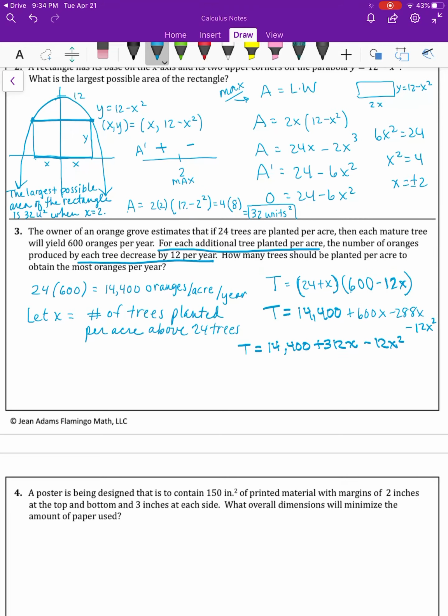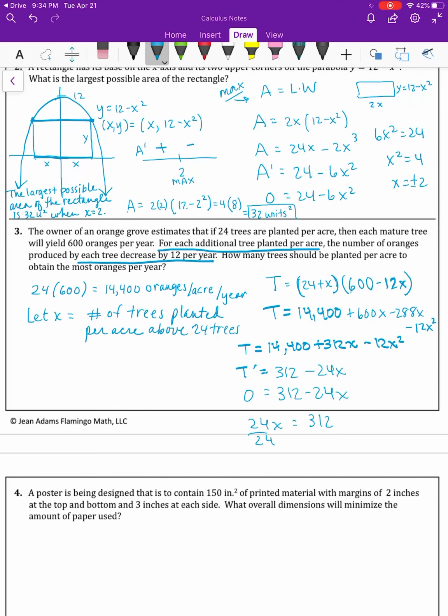I've got my minus 288x. And I've got my minus 12x squared. So I'm going to just add my like terms: 14,400 plus 312x minus 12x squared.